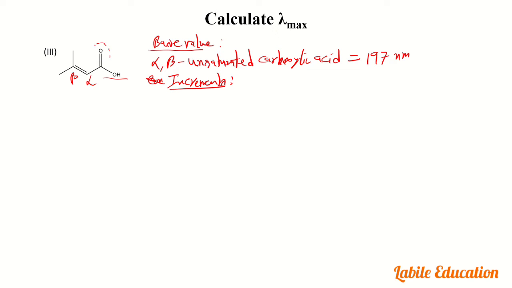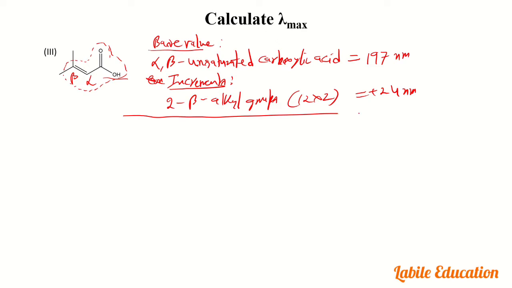So firstly we should mark the conjugated system here. You can see at the alpha position there is no alkyl group, but at the beta position there are two beta alkyl groups. So it will contribute 12 into 2, total 24 nanometer. There is nothing else.